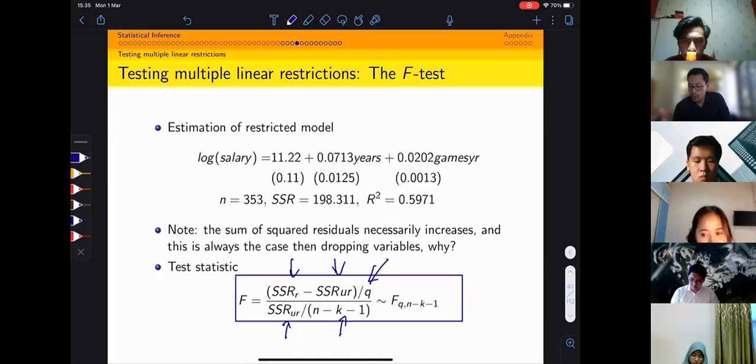This test follows an F distribution with degrees of freedom q at the numerator and n minus k minus 1 at the denominator.